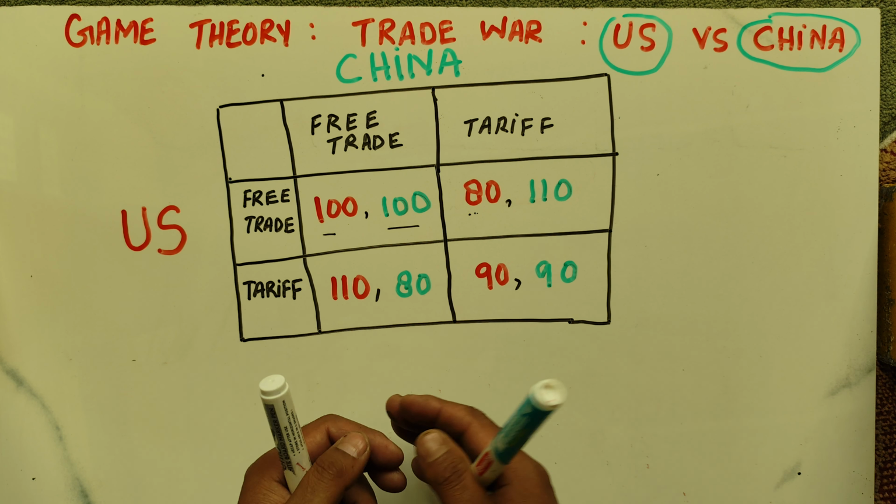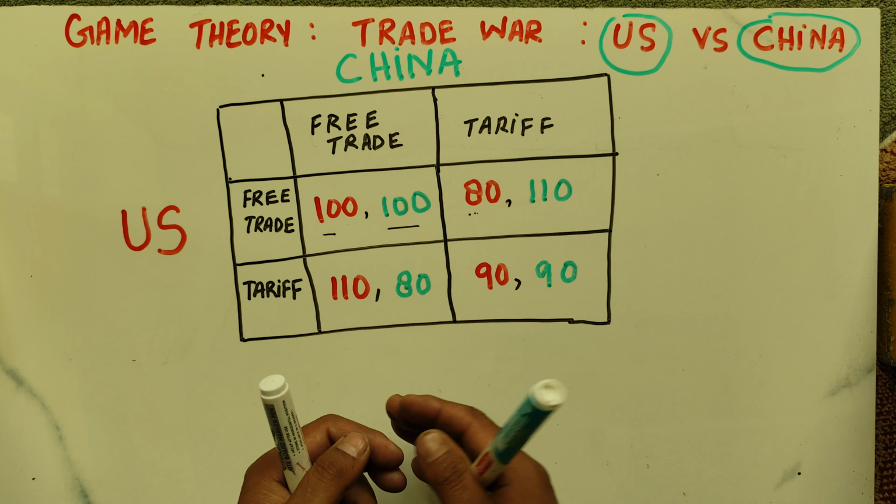If both countries impose tariff, a trade war erupts, and it damages both countries, reducing their payoff to 90. Both get a payoff of 90, damaging both the countries.